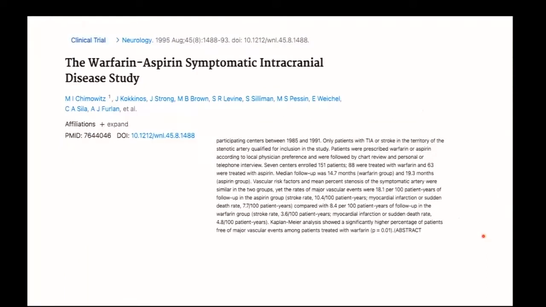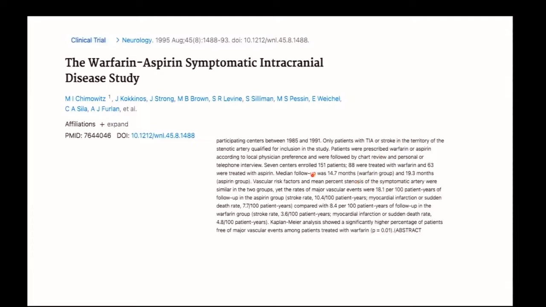And then by that time, we started the Warfarin-Aspirin Symptomatic Intracranial Disease trial. This is actually the first modern, well-designed trial, published in 1995, although they recruited patients from 1991, and it took them 4 years to publish the results.